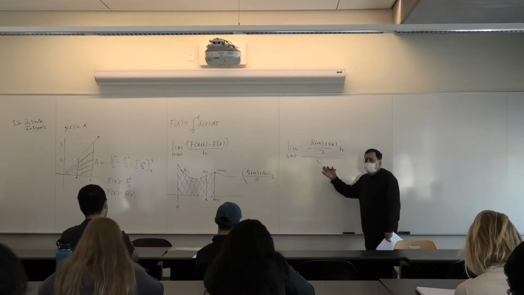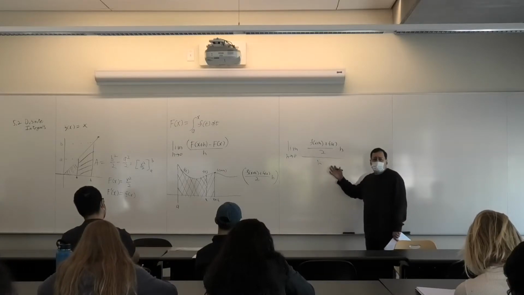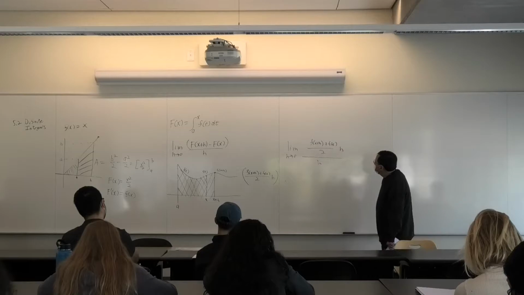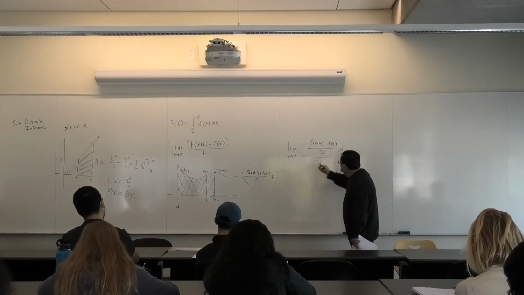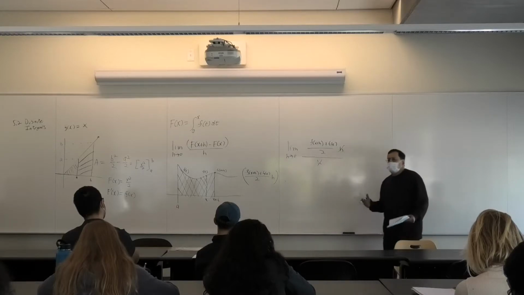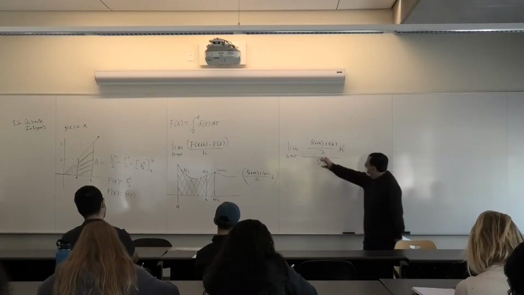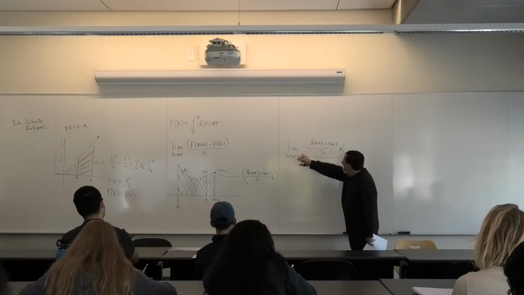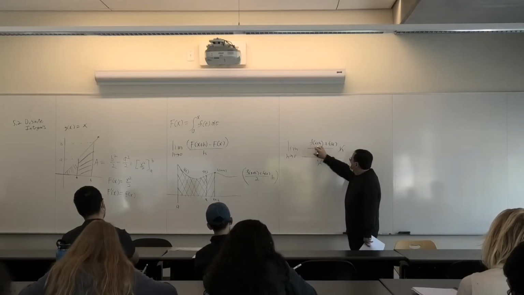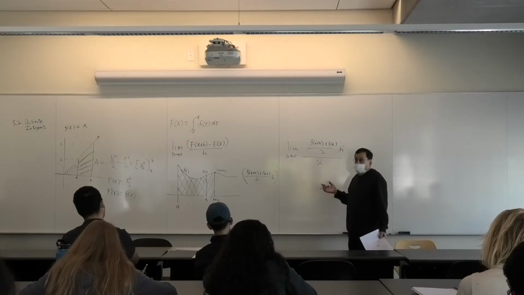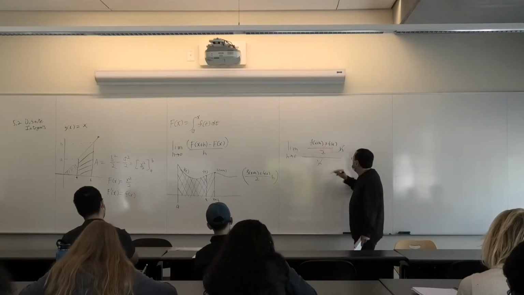Well, we want to evaluate this limit, and it's not that difficult. The h's are just h over h. That approaches 1, so we can ignore them. As h goes to 0, f of x plus h is going to go to f of x. So we have 2 times f of x over 2.